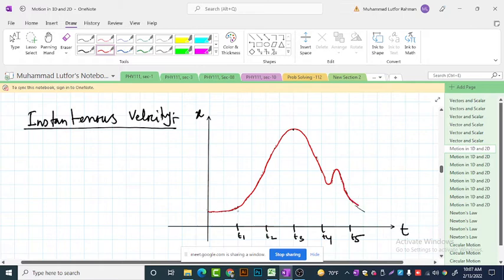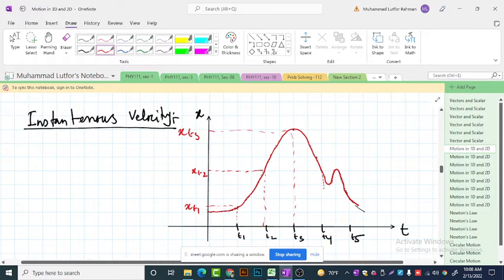Then I can say this is your t1 time, this would be your x(t1). If you say this is t2, this would be x(t2), right? This is your x(t3).